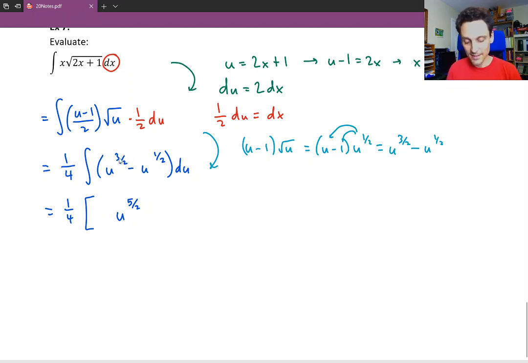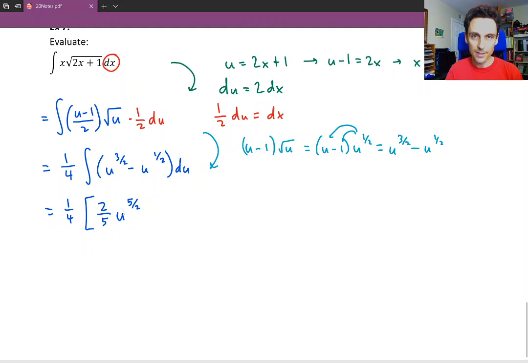So you're basically adding the denominator to the top to get 5, and then you still have a denominator of 2. That's a little trick to adding 1 to the exponent. Now dividing by that new exponent, dividing by 5/2, is the same thing as multiplying by its reciprocal. So that's times 2/5.